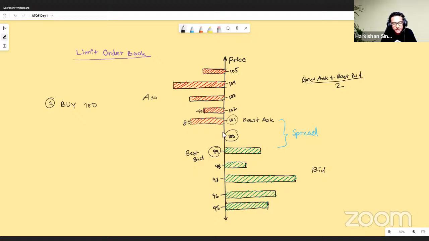These are the number of shares available at this price from the ask side. This is 80 again, this should be 110, and let this be 40 again. Here 50, 30, 100, 70, 60.